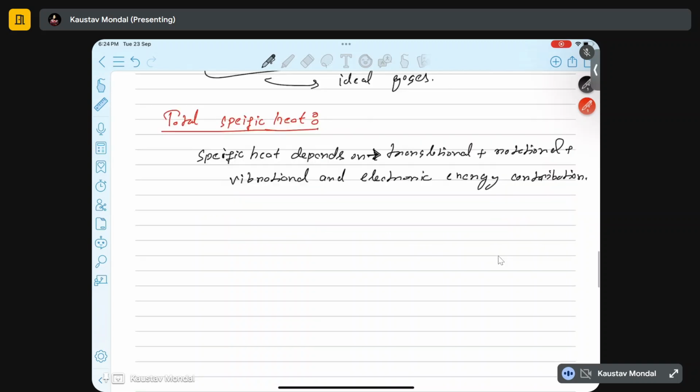Now, for the case of translational, you already know that the translational component is always there. Like at room temperature also, the translational energy is always there.